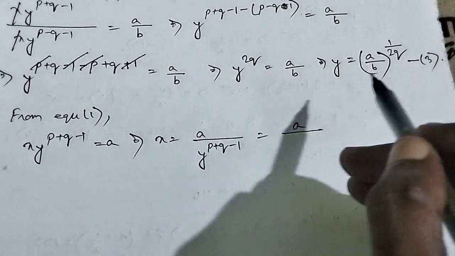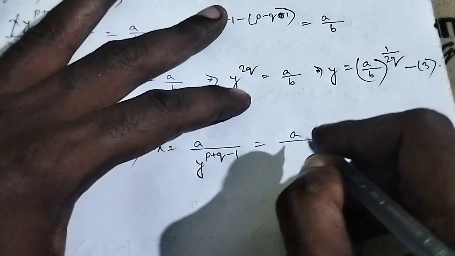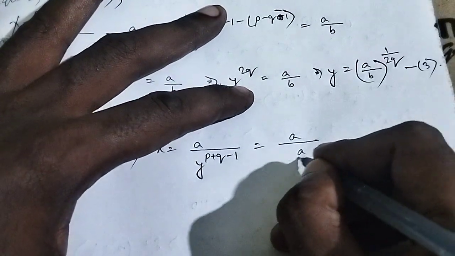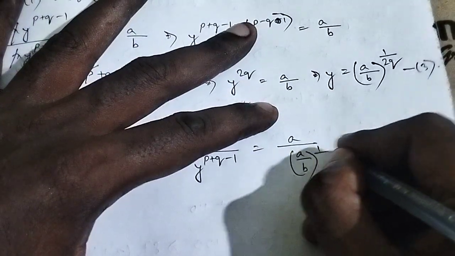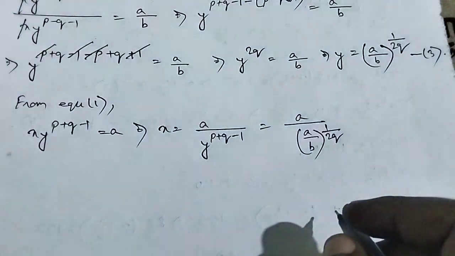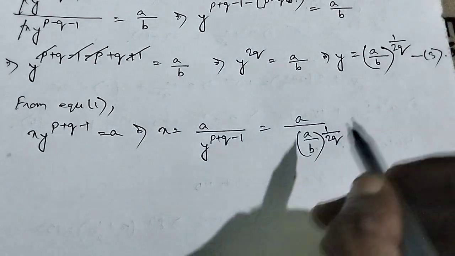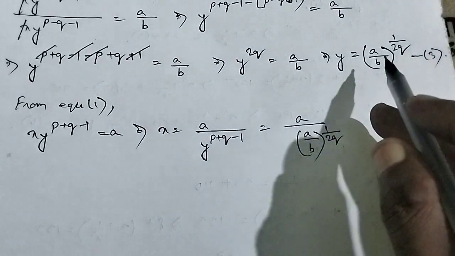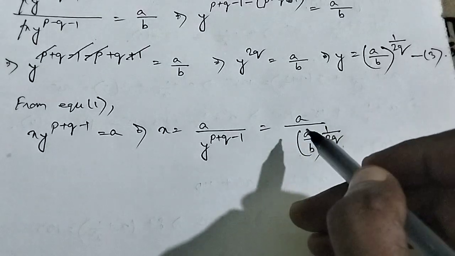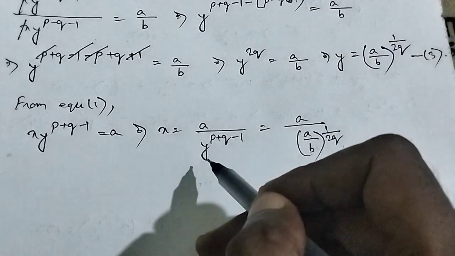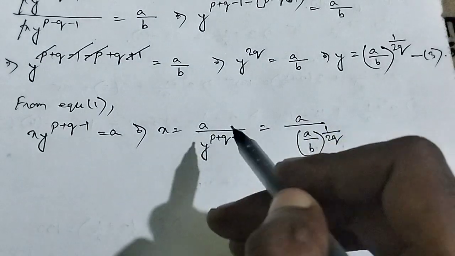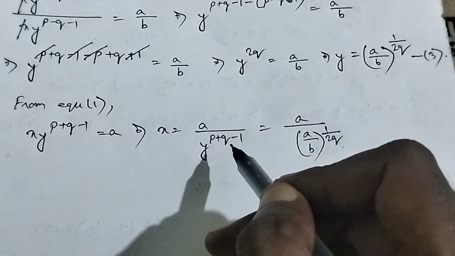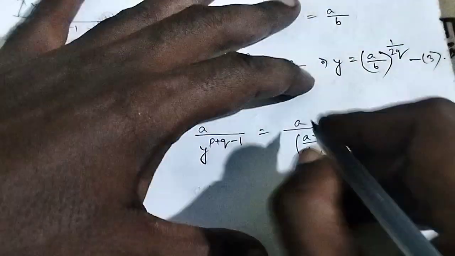In place of y I can write (a by b) whole to the power 1 by 2q. In place of y I can definitely write this, because in equation 3 you see a by b whole to the power 1 by 2q. So in place of y I am writing this. Then we have the power of p plus q minus 1.